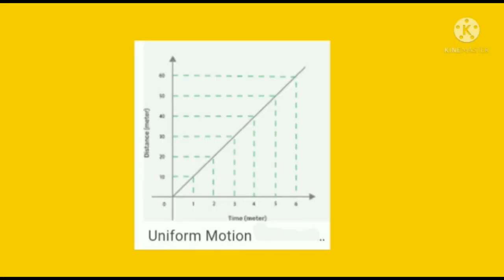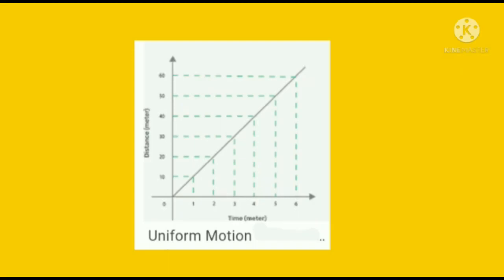Now, we observe the uniform motion graph. When we take the values of time on the x-axis and the distances or displacements on the y-axis, and draw the graph, it is a straight line from the origin. All of you see the figure? In all equal time intervals, the distances are the same.